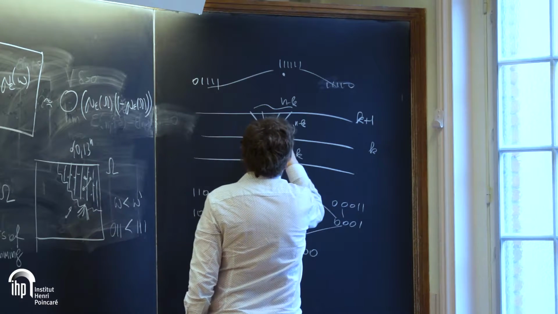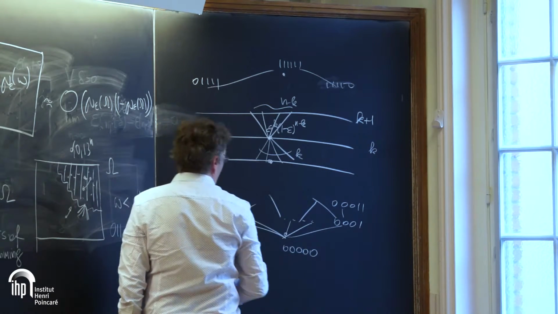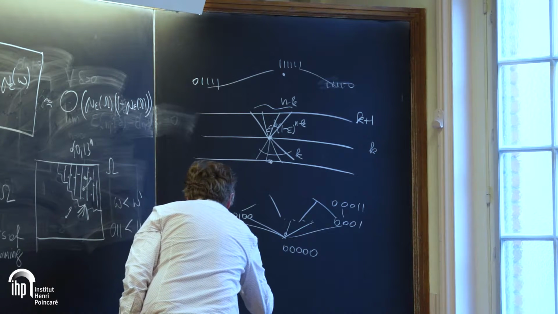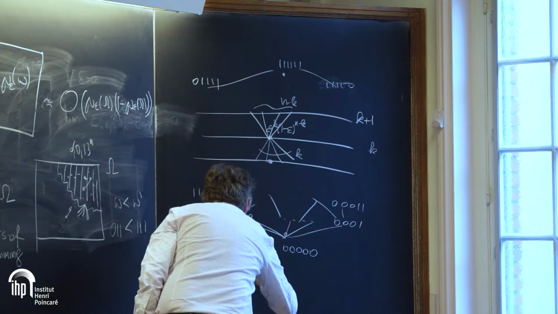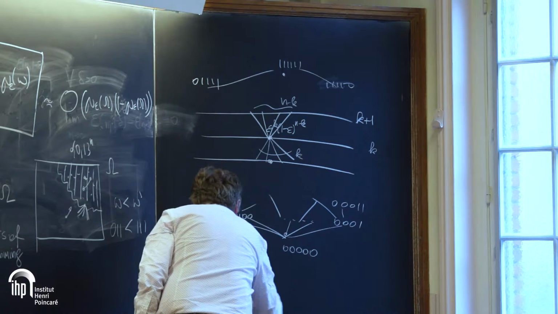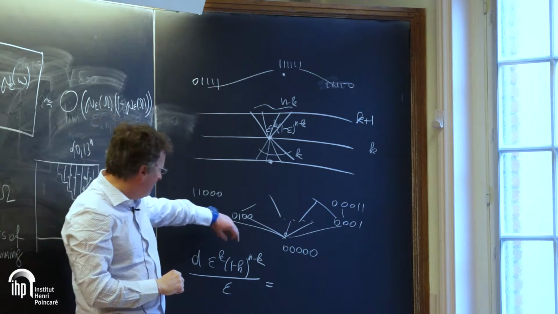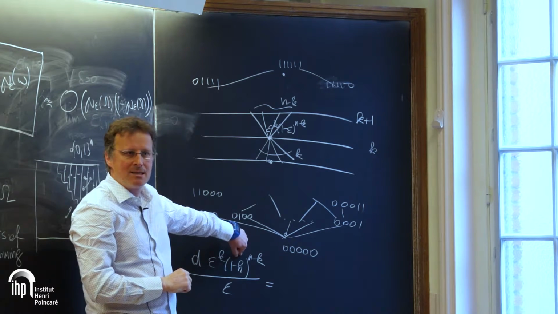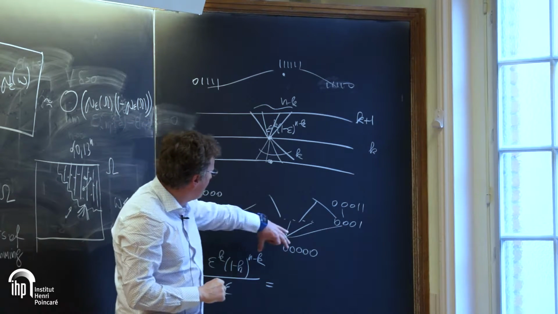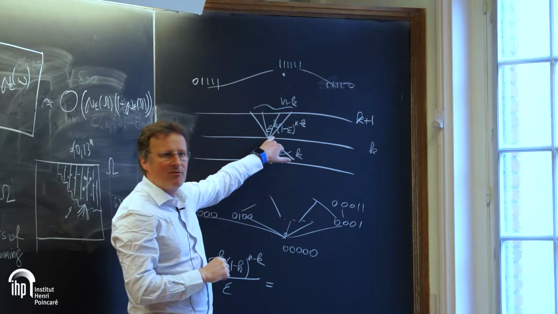And so now simply take the derivative of epsilon to the k times 1 minus epsilon to the n minus k with respect to epsilon. You get two terms, one associated to this and one with a negative term associated to this, right? And you can simply think of these as the flows, okay?